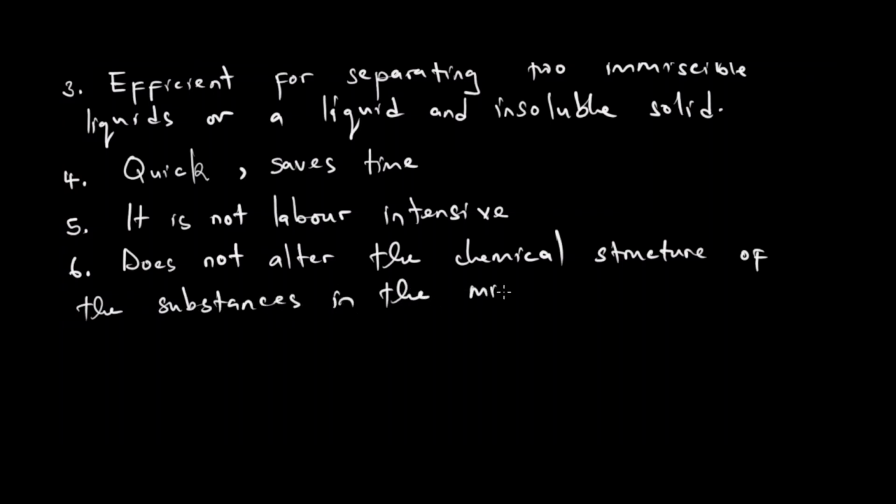Take an example of two immiscible liquids. Oil remains oil, water remains water. It does not alter or change the chemical structure of the substances in the mixture. Water remains H2O, dihydrogen oxide. Oil remains oil, with compounds found in oils. That's organic chemistry, carbon compounds.